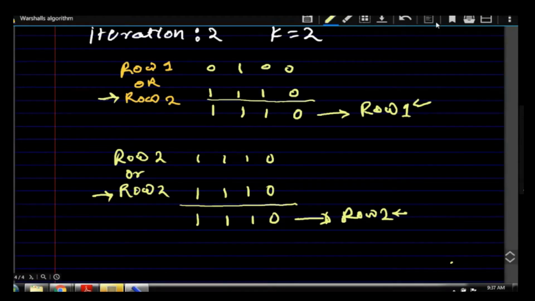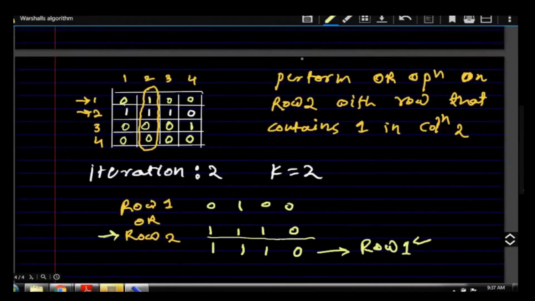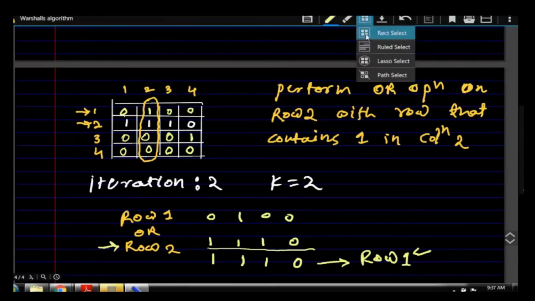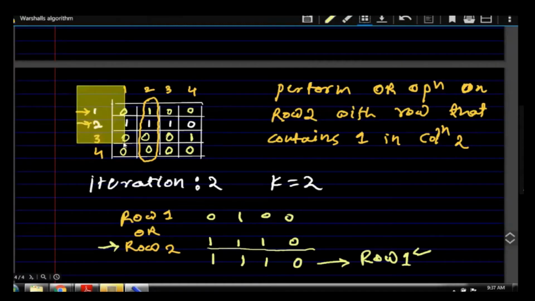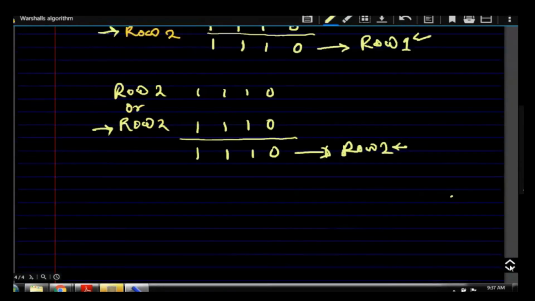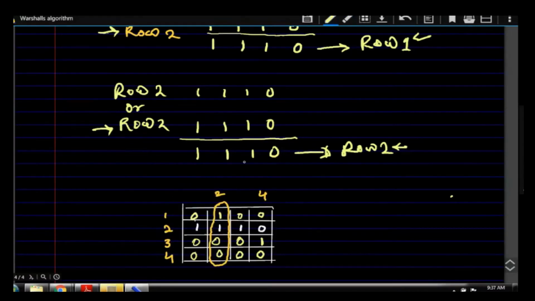Okay, so let us modify now row 1. Let me copy this and put it here. So this is your modified matrix in this step number 1.